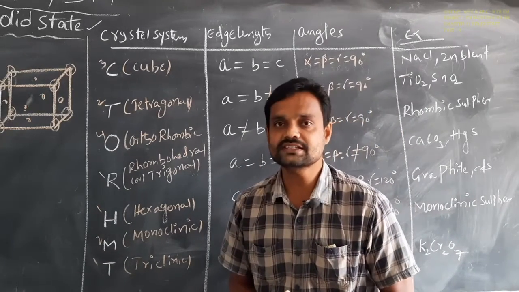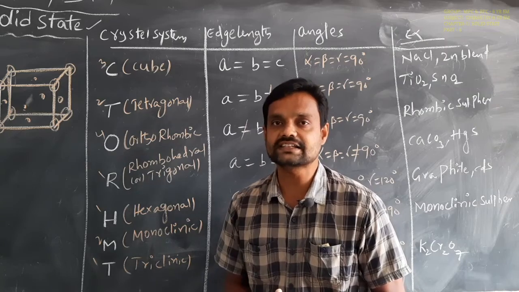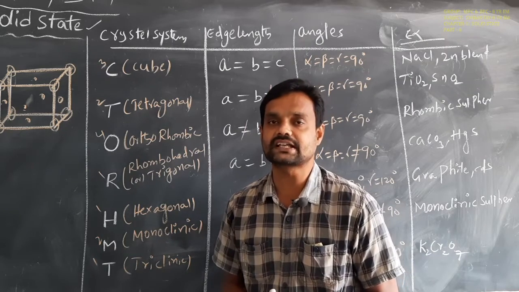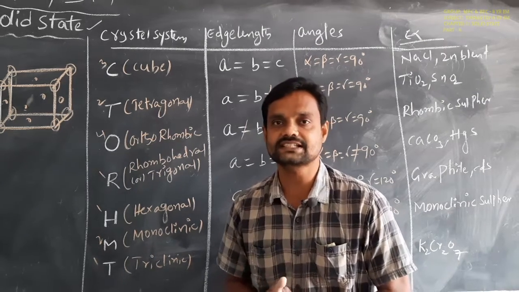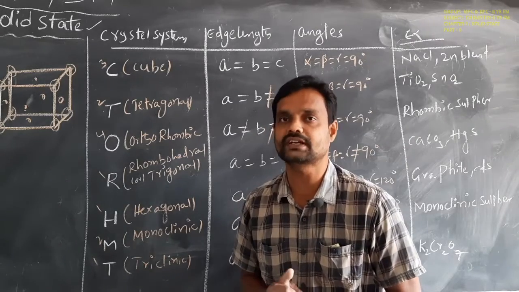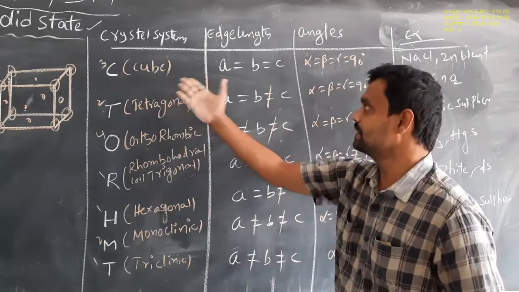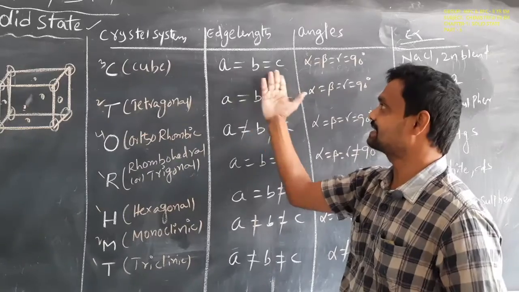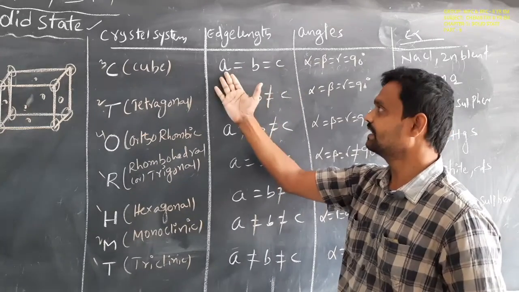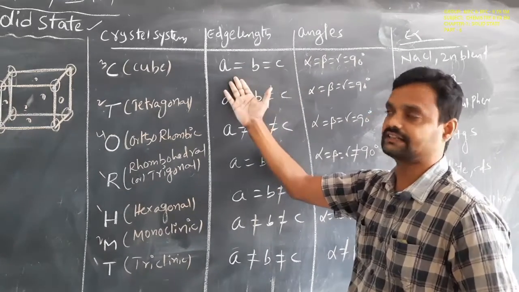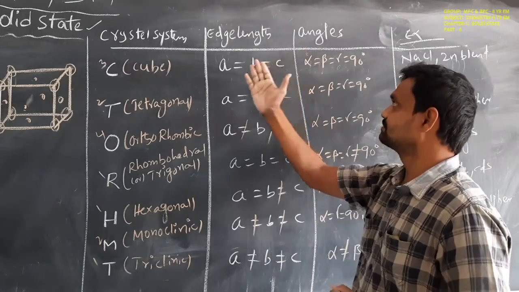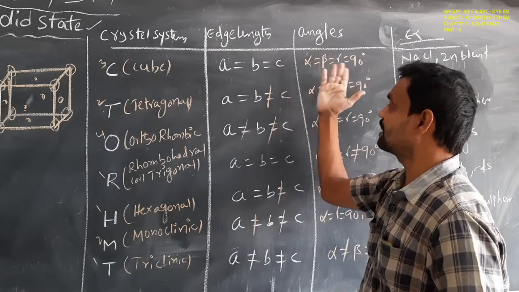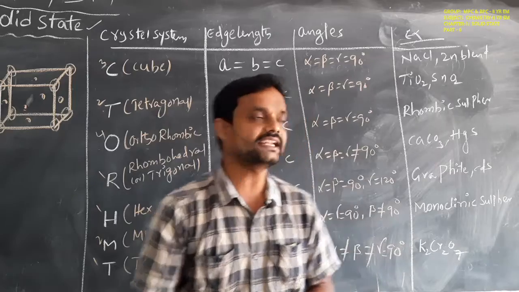Cube means all the lengths a, b, c are the same, and the angles alpha, beta, gamma are equal to 90 degrees.